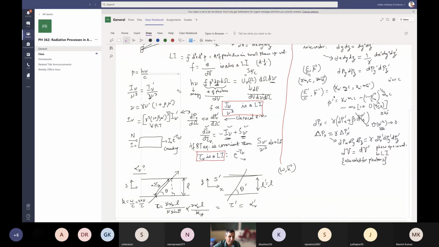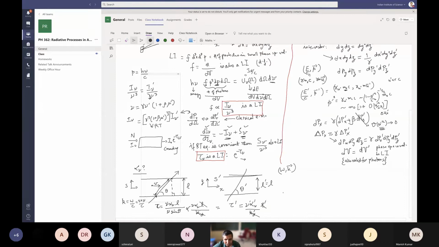Let me also write it in a similar form: nu prime, alpha nu prime. But ky is the same as ky prime because it's the transverse component, and L is equal to L prime. So if we compare these two, we can cancel these out.